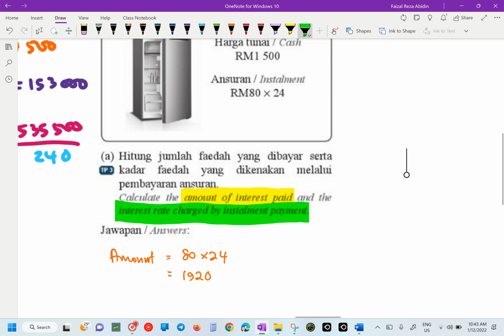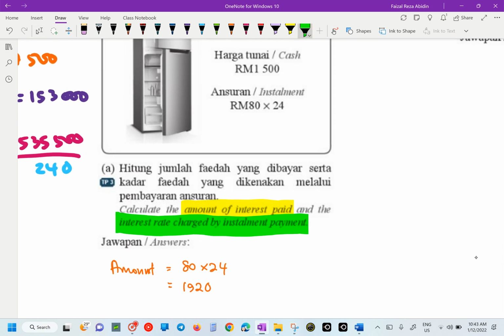Now the question is to find the interest rate charged by installment payment. The price is 1,500. If we pay by installment, it's going to be 1,920.